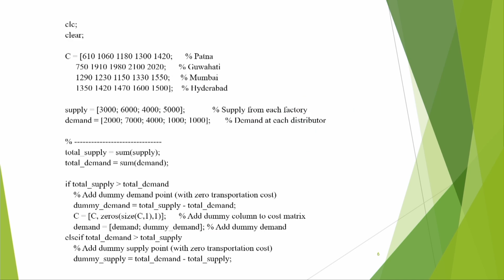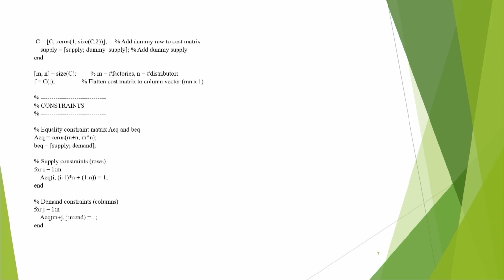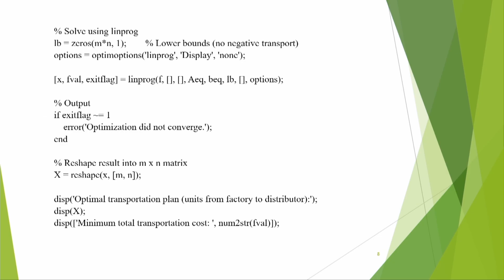You can even use MATLAB programming. In MATLAB there is a procedure to give the C matrix, the coefficient matrix, and the supply, that means the right hand side demand, and then you have to put all those things, add dummy demand, and then you can put zeros, put the supplies, and make the A matrix like that, and then you can solve by linprog.